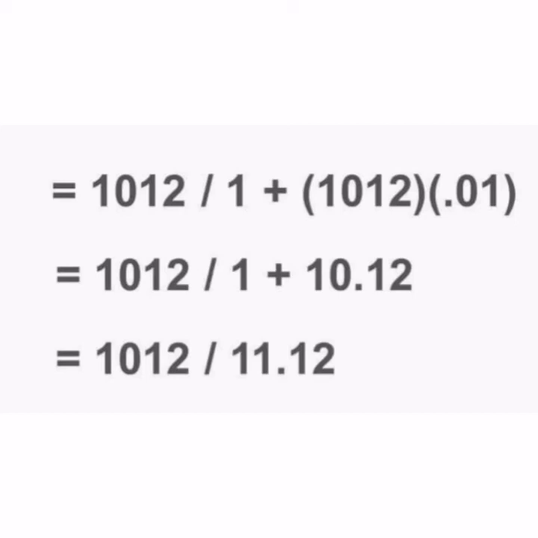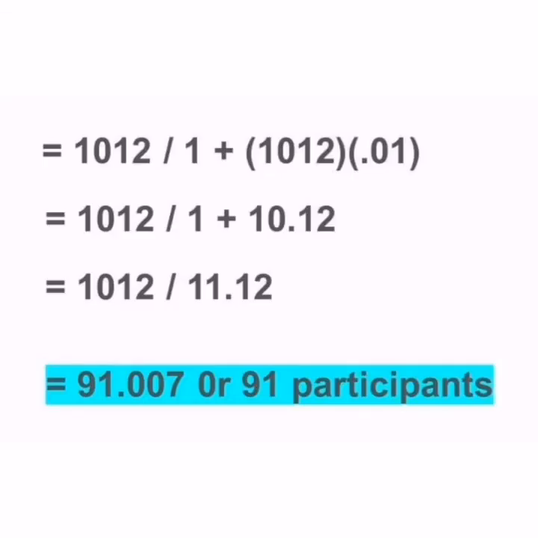So divide 1012, the total population, by 11.12, that will give us an answer of 91.007. Again, do not forget to round it off. It should be a whole number. So that's going to be 91. So 91 participants if you are to make use of the 10% margin of error.